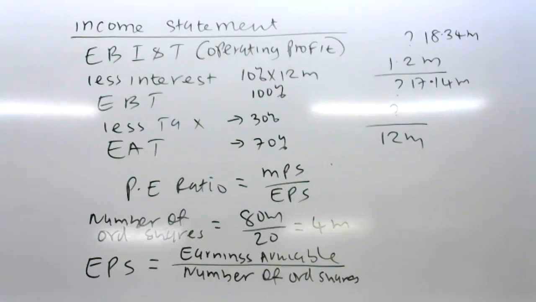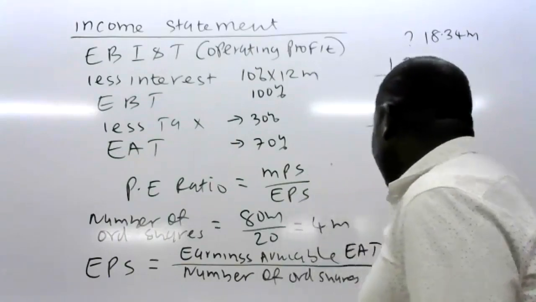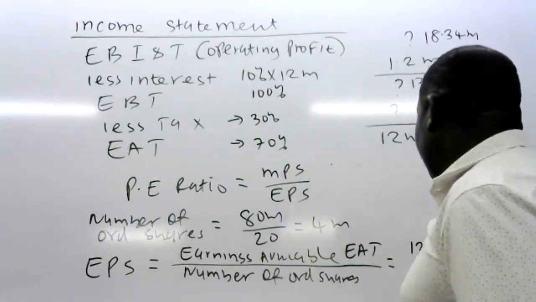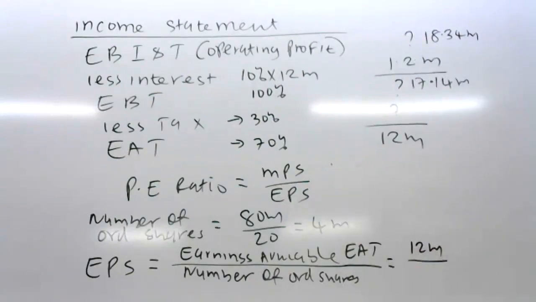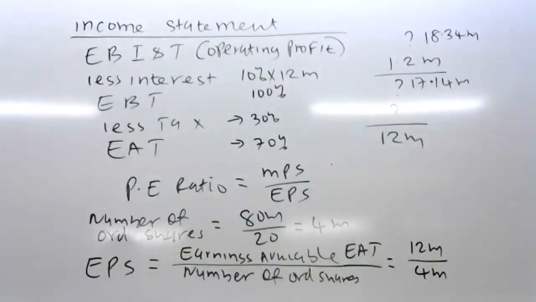That question had no preference shares, so there are no preference dividends. Our earnings available will be the same as the earnings after tax. So you take that 12 millions and divide by the number of ordinary shares, which is 4 millions. So when we do that, we should be able to get to it.